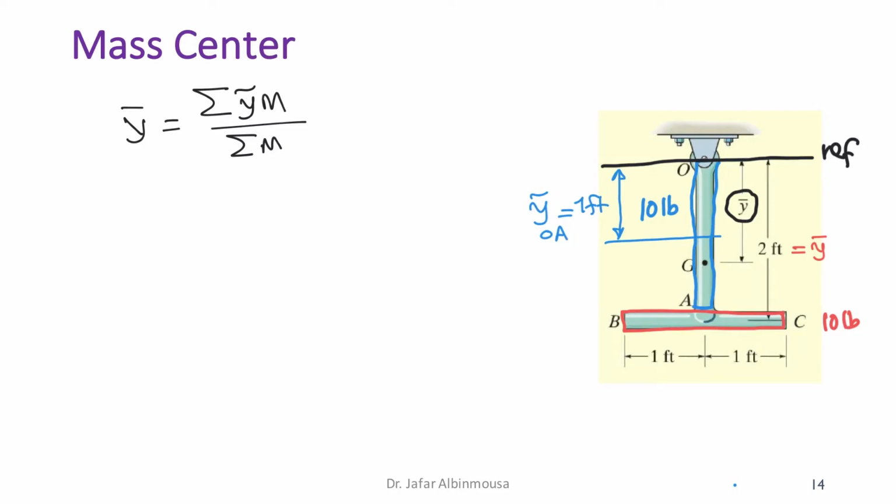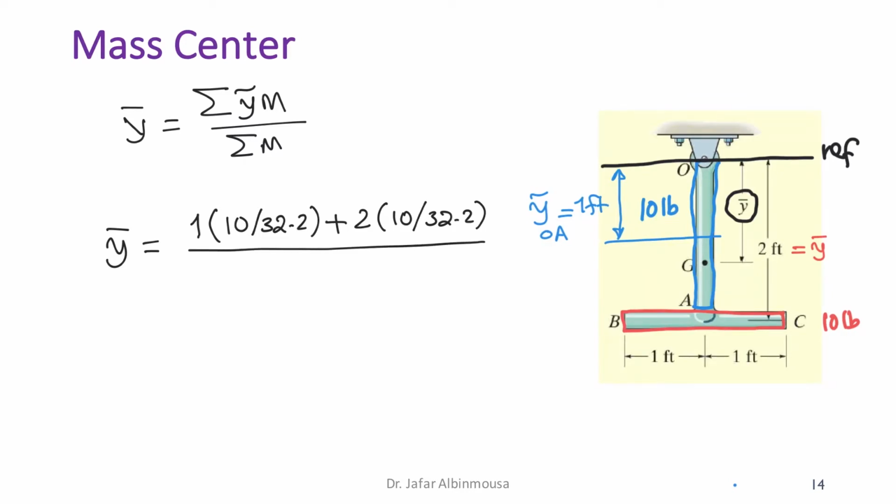If we apply this, then y bar is equal to 1 multiplied by 10 divided by 32.2, plus 2 multiplied by 10 divided by 32.2, all divided by 10 over 32.2 plus 10 divided by 32.2.